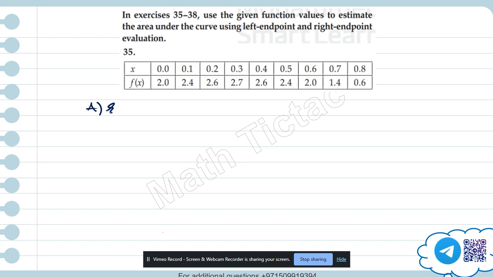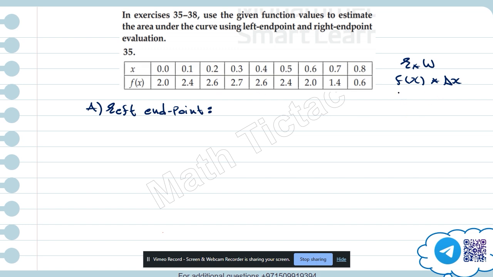So part A will be using the left endpoint. Using this method, you already know that the area of a rectangle is the length multiplied by the width all the time. So this is going to be f of x multiplied by delta x.